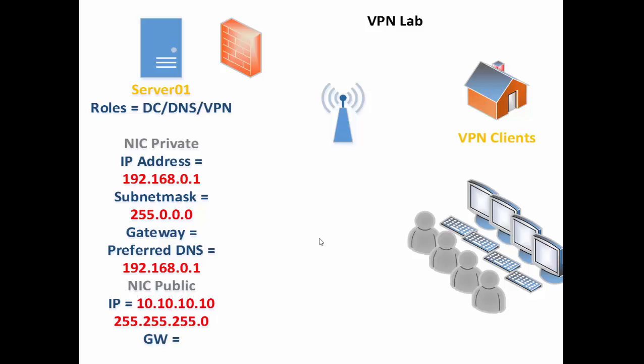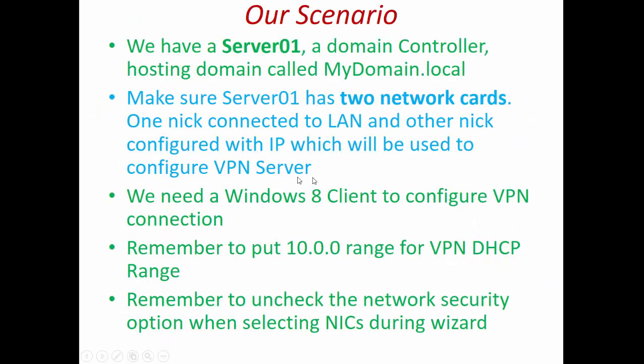We are connecting from a 10 range to our 192 network, and we are still able to communicate and access everything from a 10 client PC, which has a 10 range, 10.0.0.2 or 3 or 4. So why is it a VPN connection, and how is a real VPN connection very near to what we are doing? We're going to talk about all that.